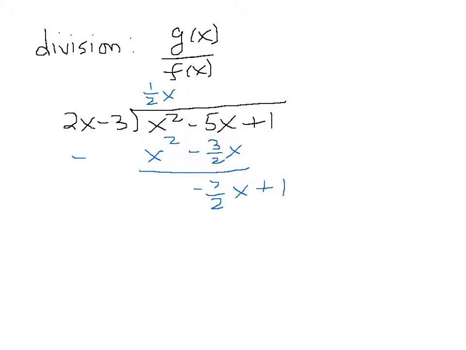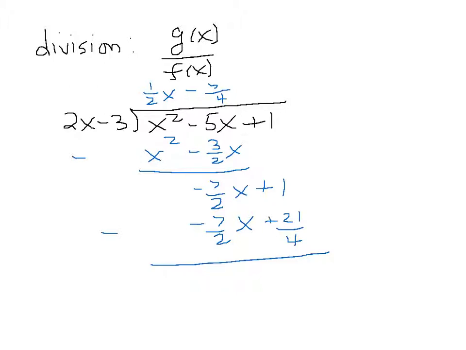And so ultimately what I get is minus 7/2 x. Bring down the 1. Now 2x goes into minus 7/2 x minus 7/4. And I multiply, and I get minus 7/2 x plus 21/4. And I subtract, and what do I get?